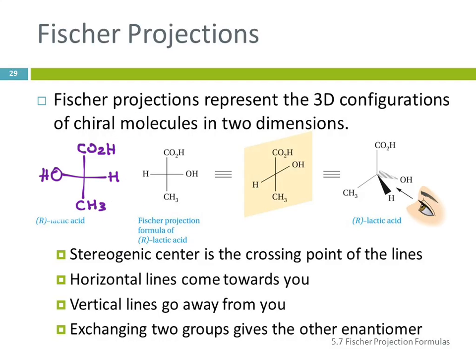Here's the mirror, right here. And so this one has the hydrogen on the right and the OH on the left. This one has the hydrogen on the left and the OH on the right. When we swap 2 of the groups, we change the chirality.